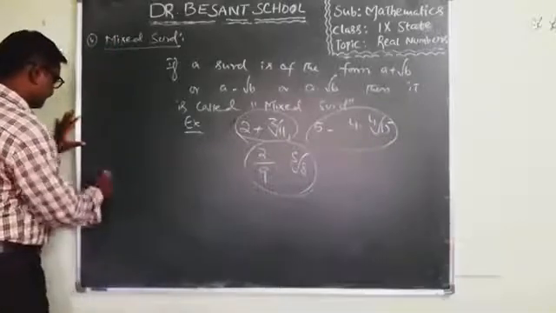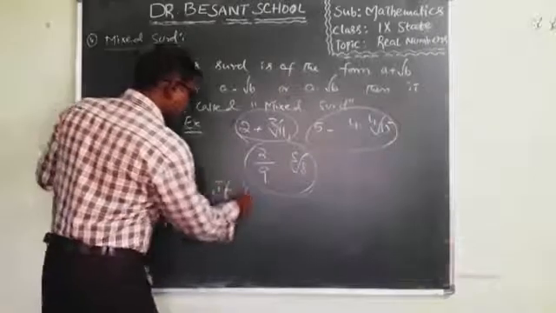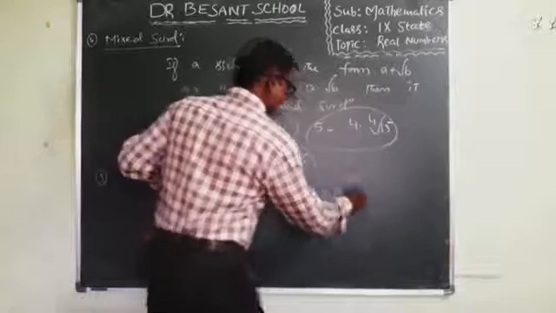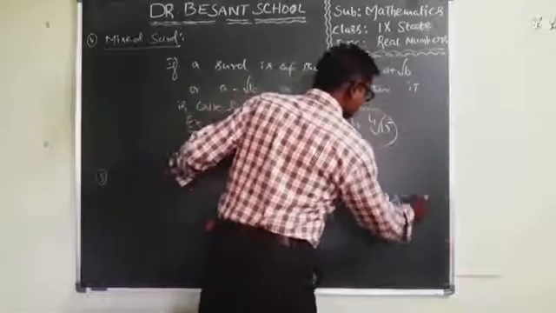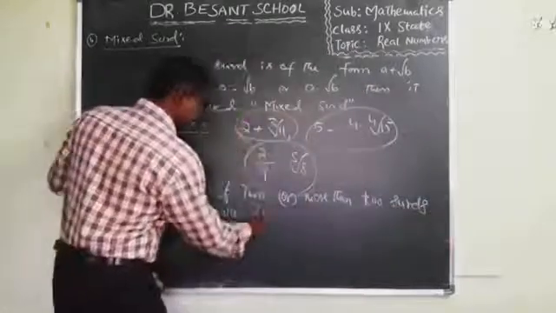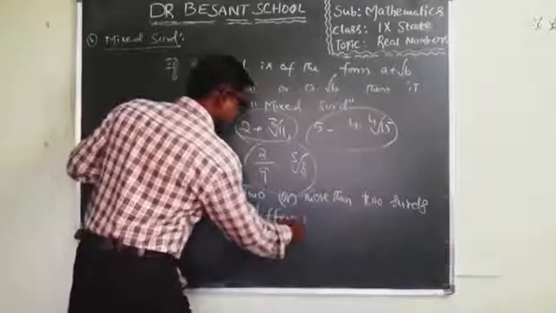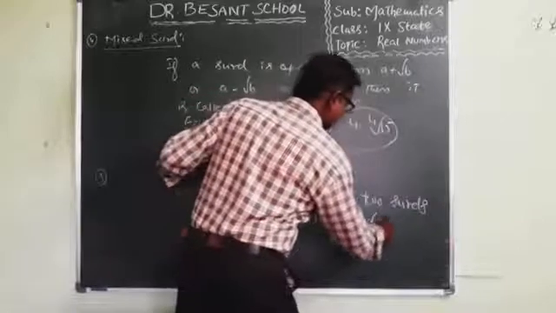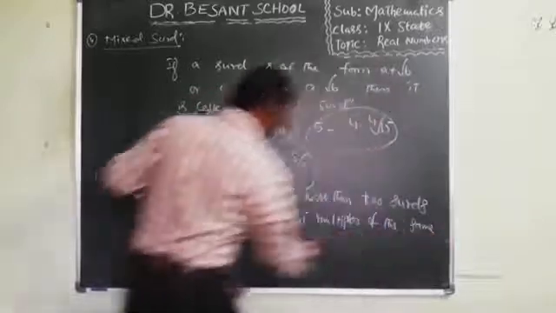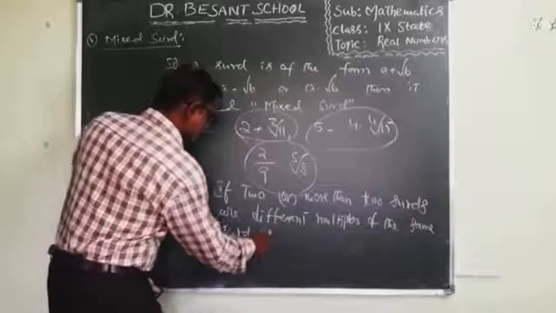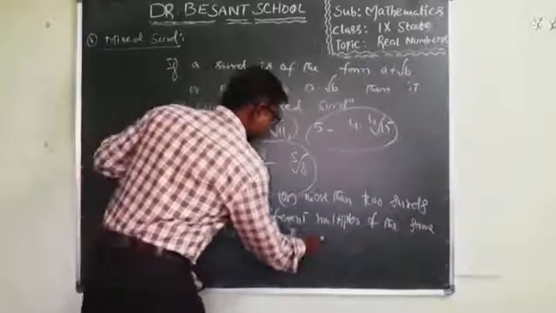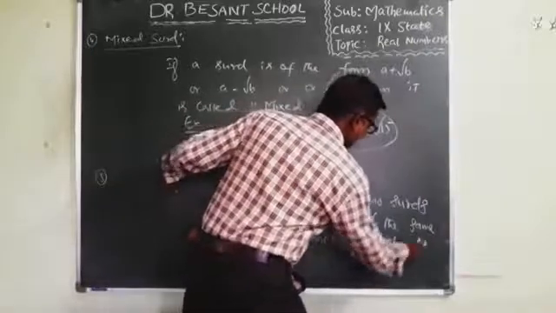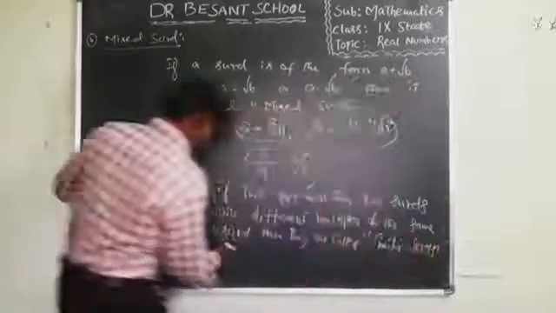Okay, verify. If two or more than two surds are different multiples of the same surd, then they are called similar surds.